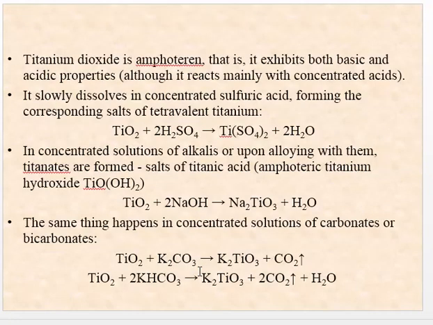Titanium dioxide, unfortunately, exhibits both basic and acidic properties. Although it reacts mainly with concentrated acids, it slowly dissolves in concentrated sulfuric acid, forming the corresponding salts of tetravalent titanium, titanium sulfate, where titanium has valence 4.